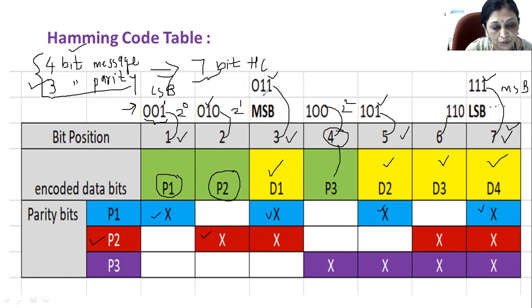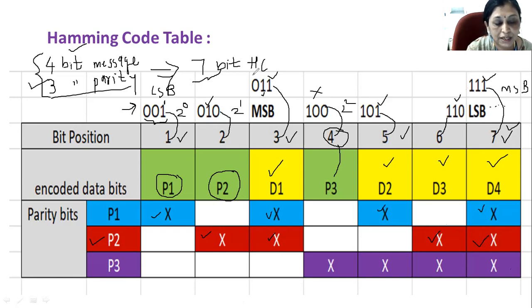You also have to consider bit position 3 because there is 1 there. You should not consider bit position 4 because in the second position there is no 1. In the fifth position also, for the second bit there is no 1. But if you see bit position 6, the second bit is 1, so you have to consider this for assigning a value to P2. Similarly, you have to consider bit number 7.